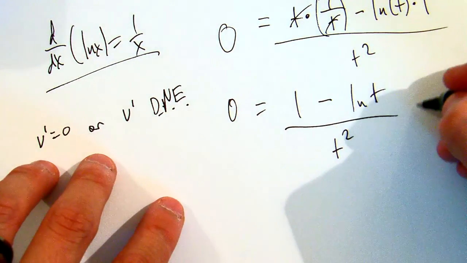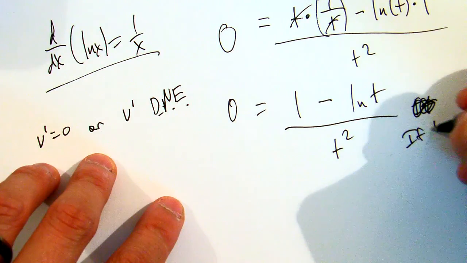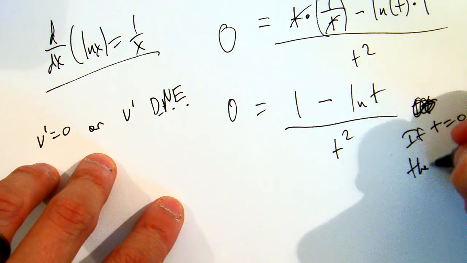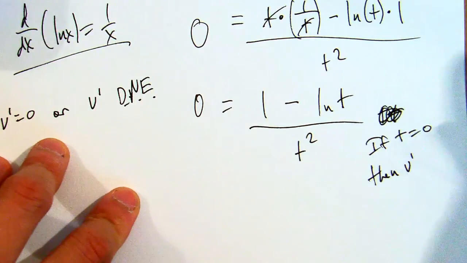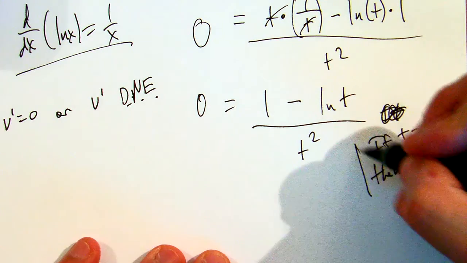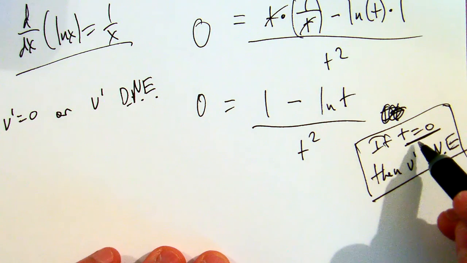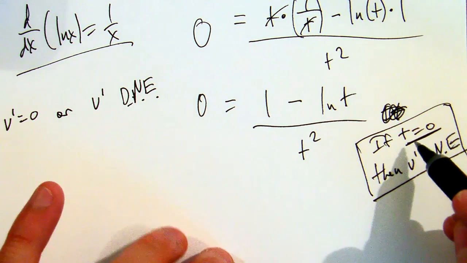So I know that if t equals 0, then v prime does not exist. I want to be really clear here. T equals 0 is a critical value, and it could be an extreme value.